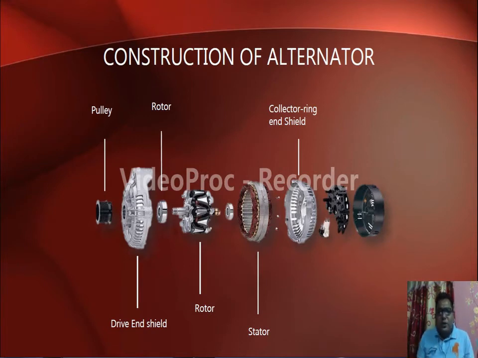So how can we reduce the running power of an alternator? To do that, we have placed the armature conductors over the stator, correct? And we have placed the magnetic poles over the rotor, maintaining our main idea that flux should be cut.